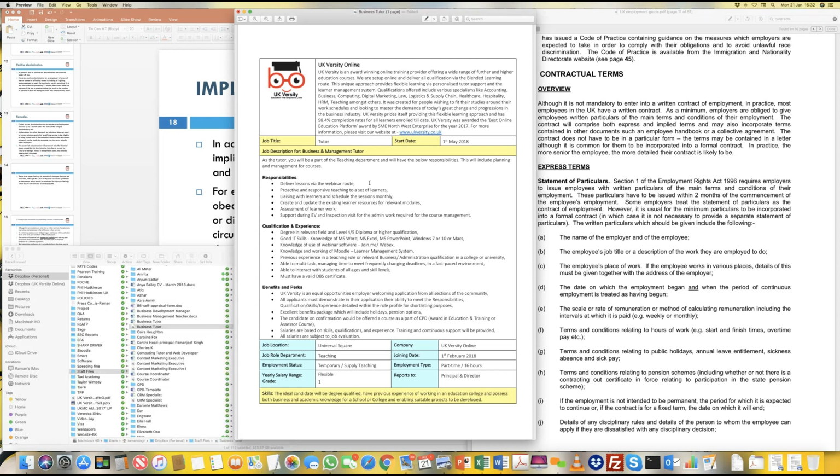So when creating job descriptions or contracts, there are some terms and conditions which are not explicitly written down or communicated, but it is understood that you might be given other responsibilities on a day-to-day basis, depending on the discretion of the principal.